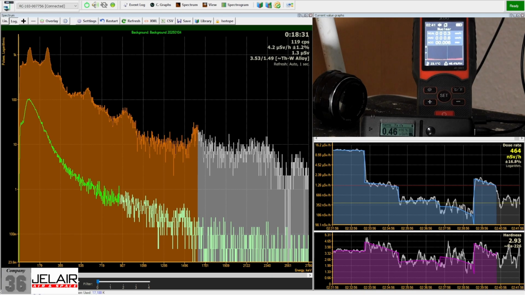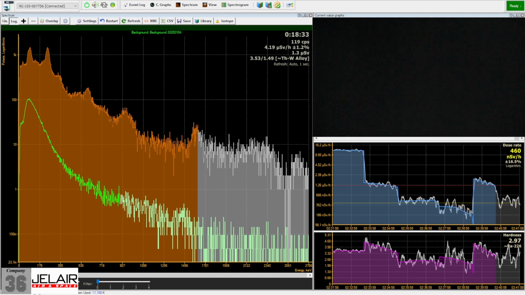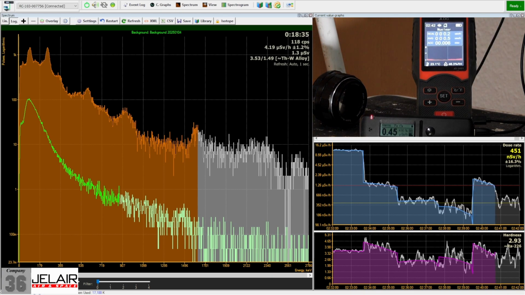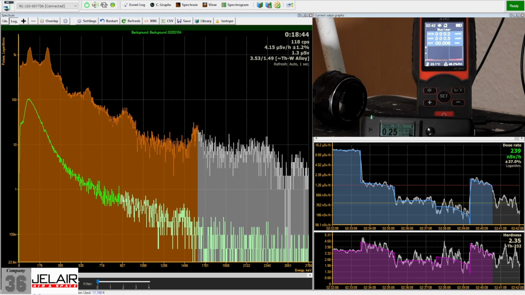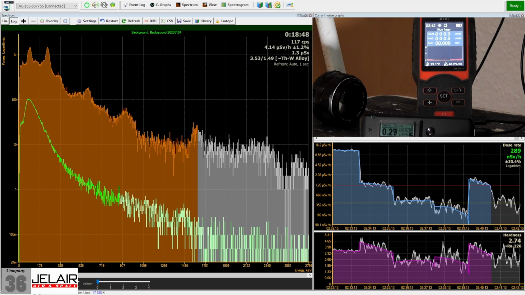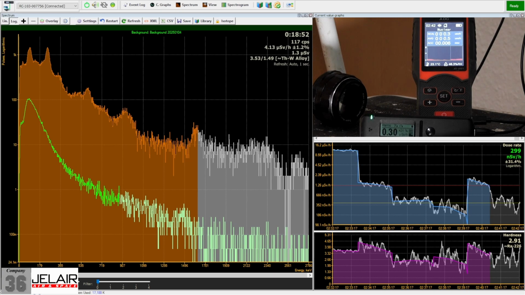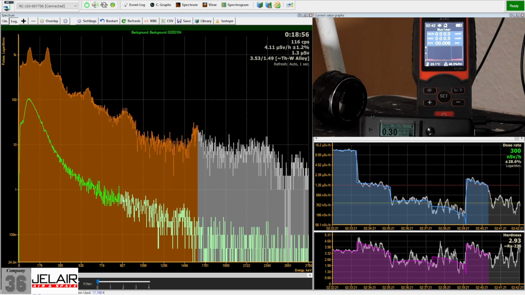Now I have the front element pointing towards the two detectors and the radiation drops even further. So I suppose you could say that if you were taking pictures with this lens, then the person taking the pictures would be the one getting the most of the radiation.